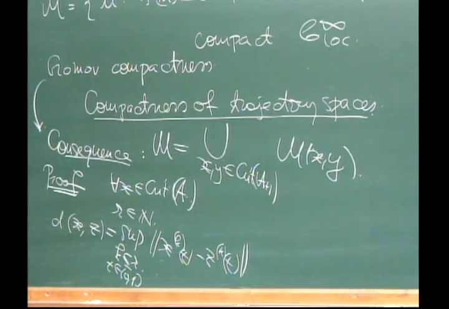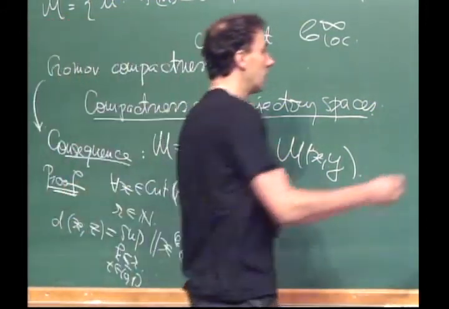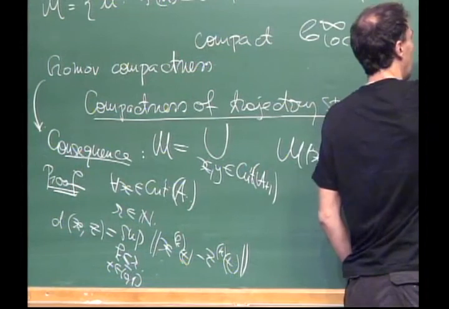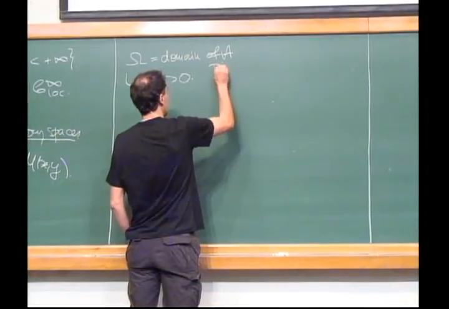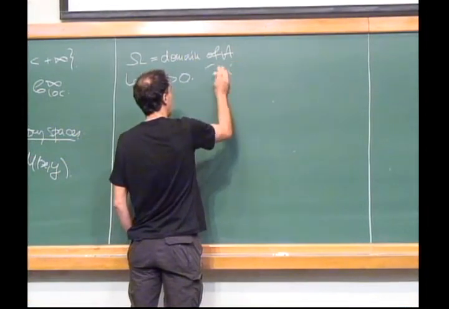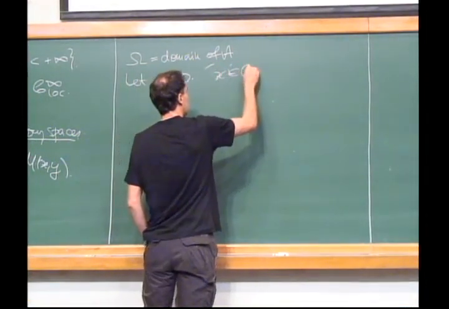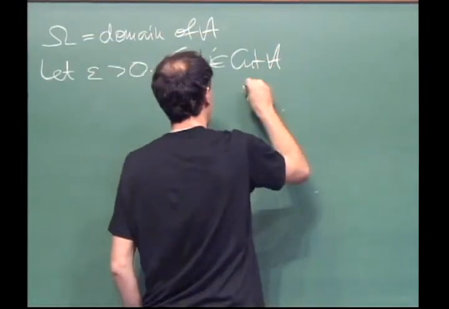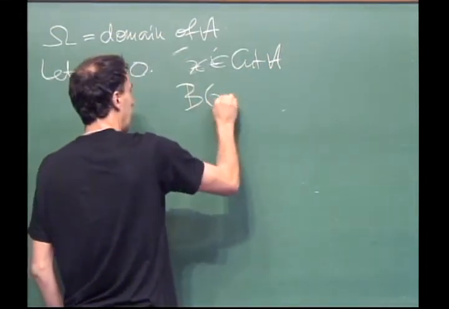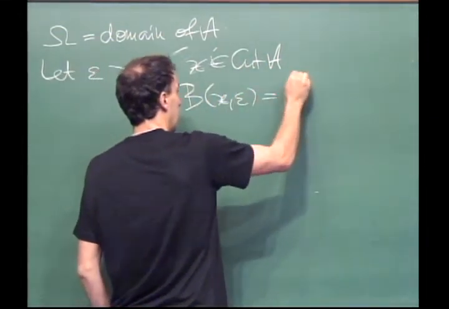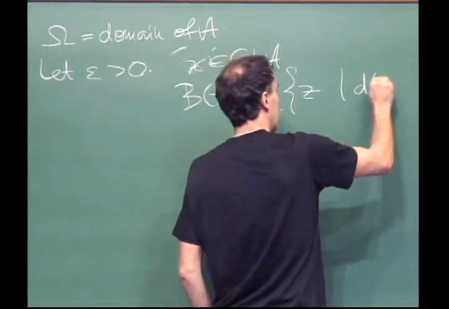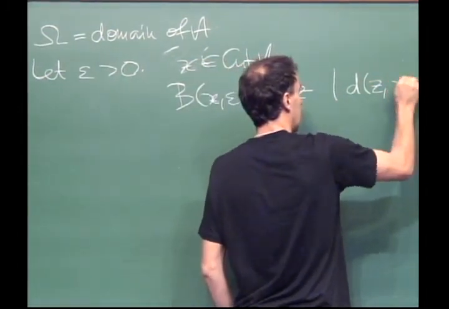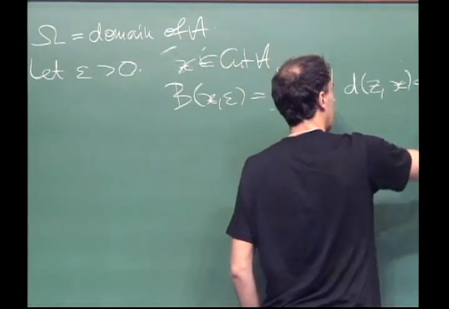So this enables me to define balls. Let epsilon greater than 0 and define this ball for x critical. Define this ball B_epsilon(x) as the z such that the distance is less than epsilon.